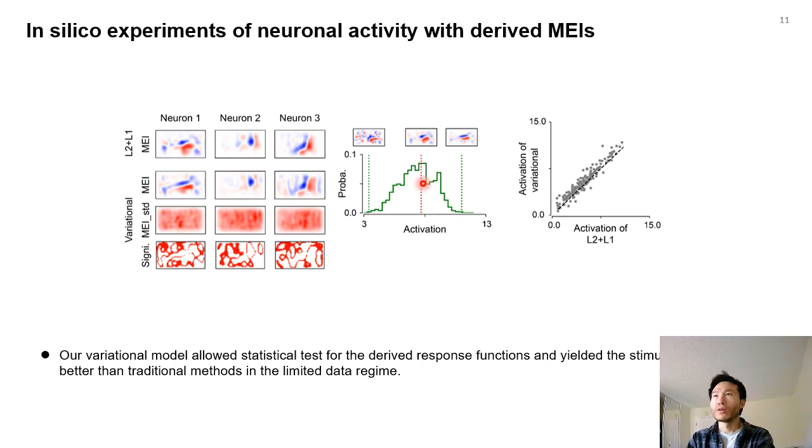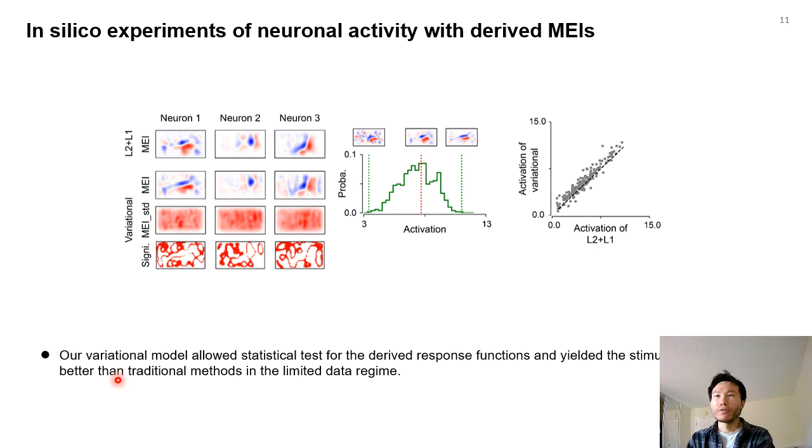The red one is computed by the point estimate method. We did this for all the neurons. Here it shows on the scatter plot, each dot is 1 neuron. You can see that most of these neurons have higher activations for the variational model compared to the L2 plus L1 model.